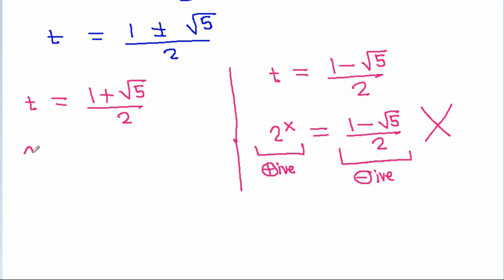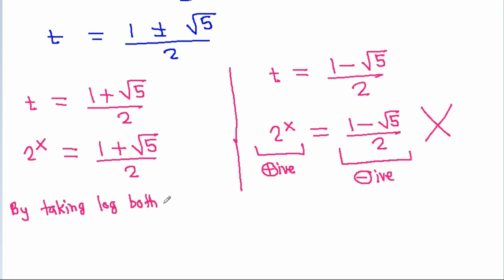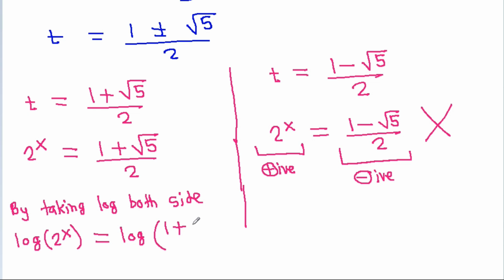And here t is 2^x, which is equal to (1 + square root of 5)/2. And if we take log on both sides, then log of 2^x will be equal to log of (1 + square root of 5)/2.